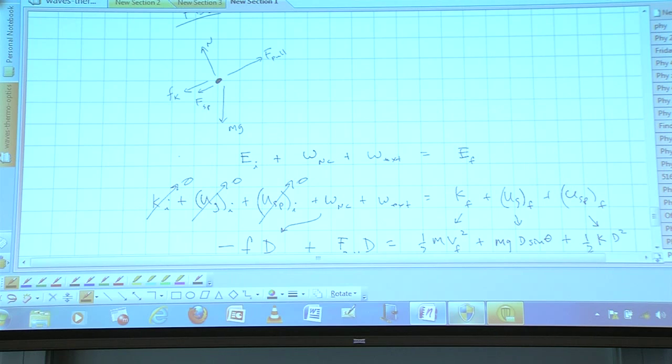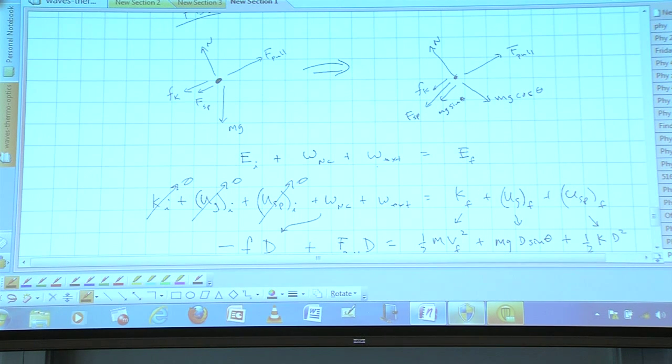This is where you may want to break up that weight, the force of gravity, into components, because of the friction force. I'll do that here. Normal force, pulling force, that's mg cosine theta. That's mg sine theta. That's F spring. That's Fk.